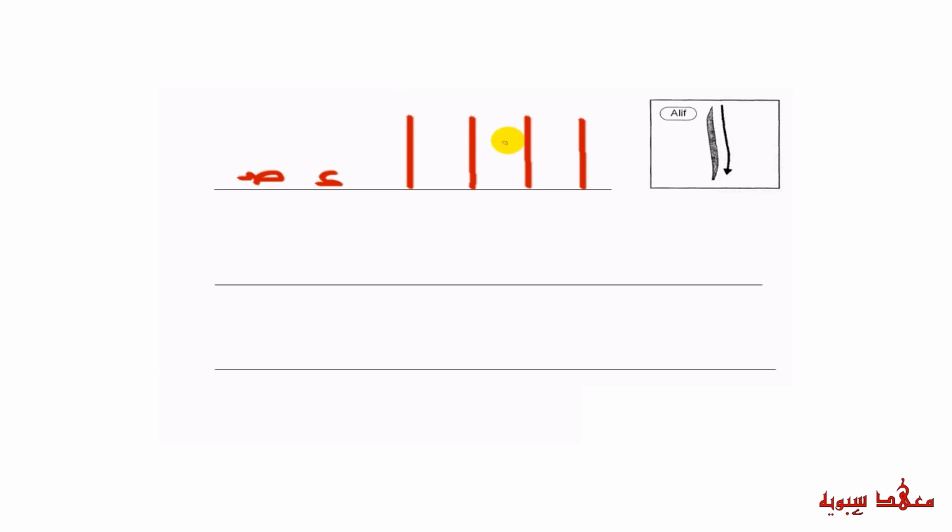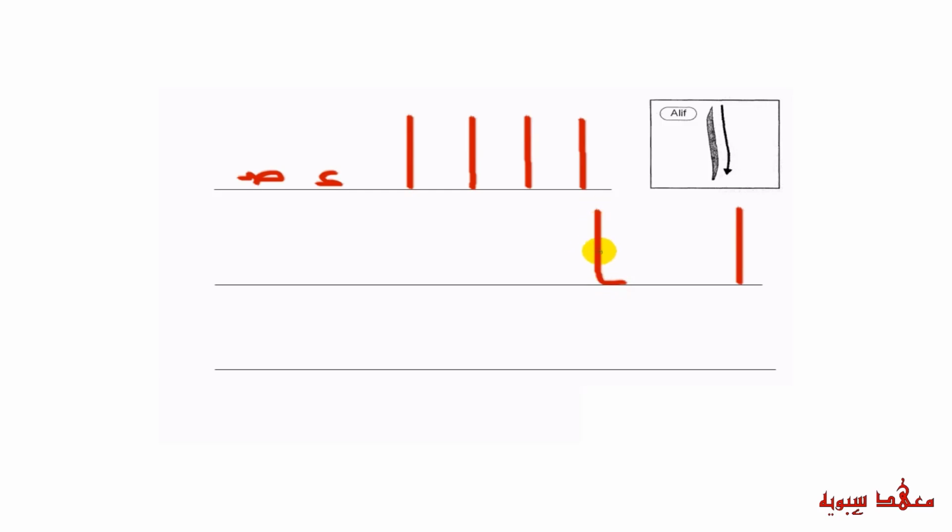Now, with the Alif, how is it written in the beginning of a word, in the middle, and the end? So in the beginning of a word, it's actually written as we wrote it there. In the middle of a word, so for example, let's say there's a word before it, and it's coming across. To write the Alif, all we do is just raise it up like this.